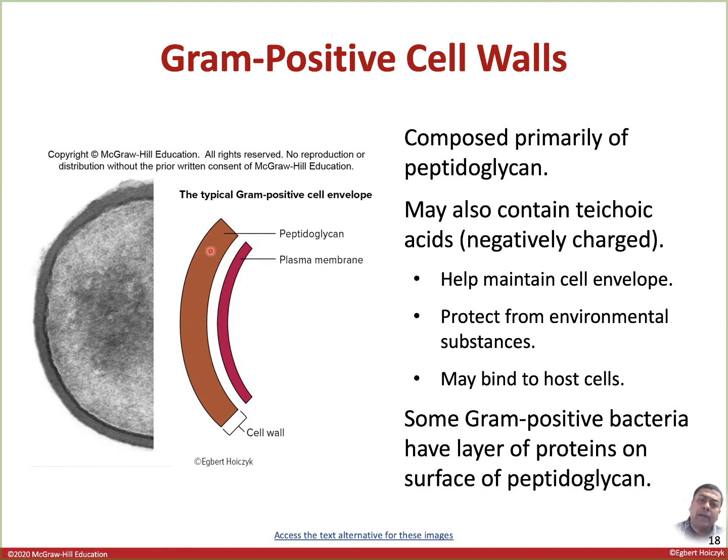The teichoic acids are made up of glycerol or ribitol attached with phosphates, glycerol or ribitol phosphates. And these teichoic acids can be two types. If the teichoic acids are attached to the peptidoglycan, we call them wall teichoic acid. If they're attached to the plasma membrane, we call them lipoteichoic acid. And we're going to see them soon somewhere else.